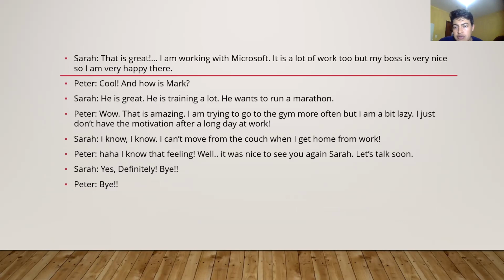It is a lot of work too, but my boss is very nice. Cool. And how is Mark? He is great. He's training a lot. He wants to run a marathon. Wow, that's amazing. I am trying to go to the gym more often, but I am a bit lazy. I just don't have the motivation after a long day at work. I know. I can't move from the couch when I get home from work. Haha, I know that feeling. Well, it was nice to see you again, Sarah. Let's talk soon. Yes, definitely. Bye.